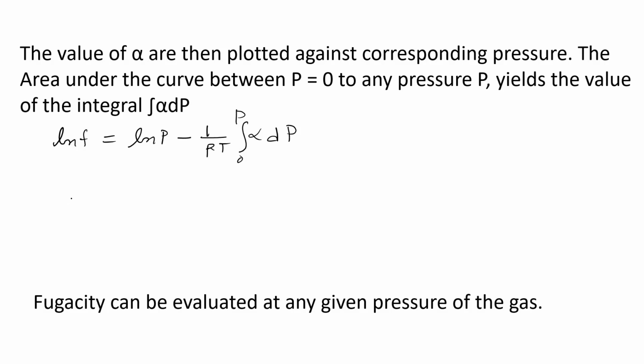When we plot alpha versus pressure, this direction is alpha and this direction is pressure. Here alpha is equal to 0, alpha is positive on the upper side and negative below.